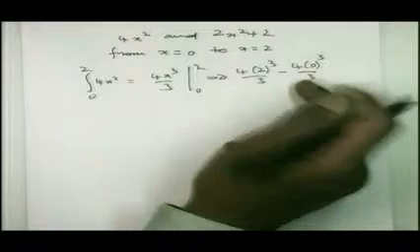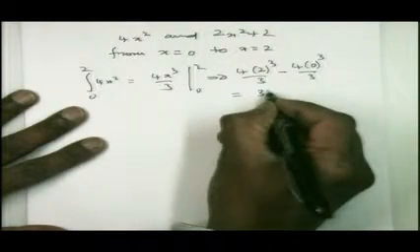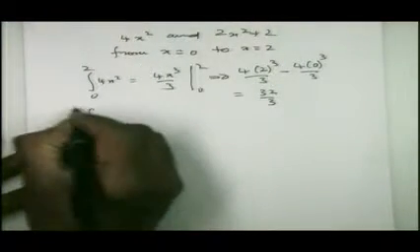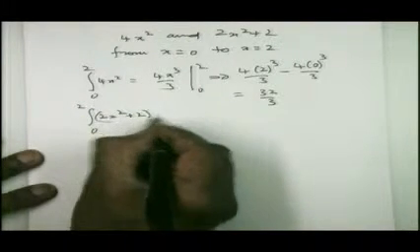I just put it there. And this is going to be 32 over 3. I'll leave it as it is. I don't want to worry about the fraction now. 32 over 3. Same thing, 0 to 2, 2x square plus 2 dx.